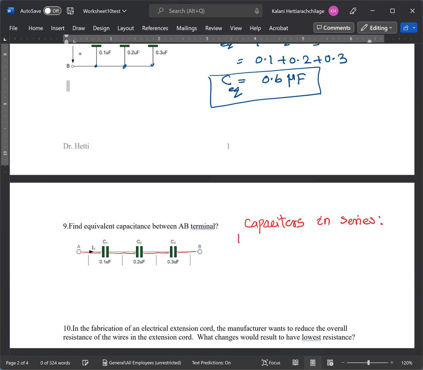If they are series, your C equivalent will be equal to, you're going to take 1 over the first capacitor plus 1 over the second capacitor plus 1 over the third capacitor, right? So now it's very important that you need to take the reciprocal at the end, right?